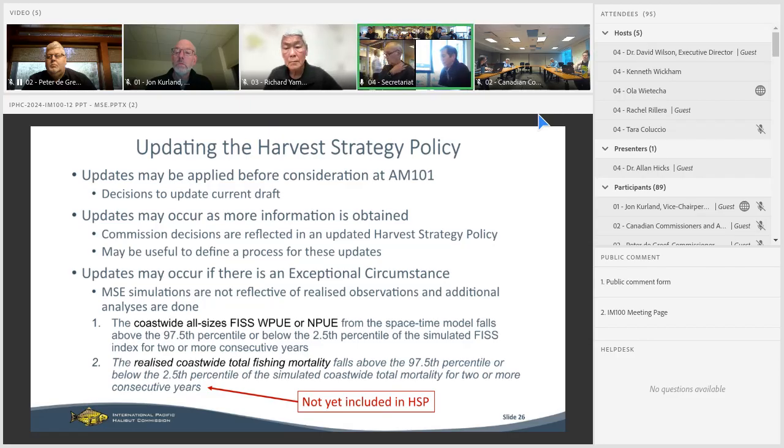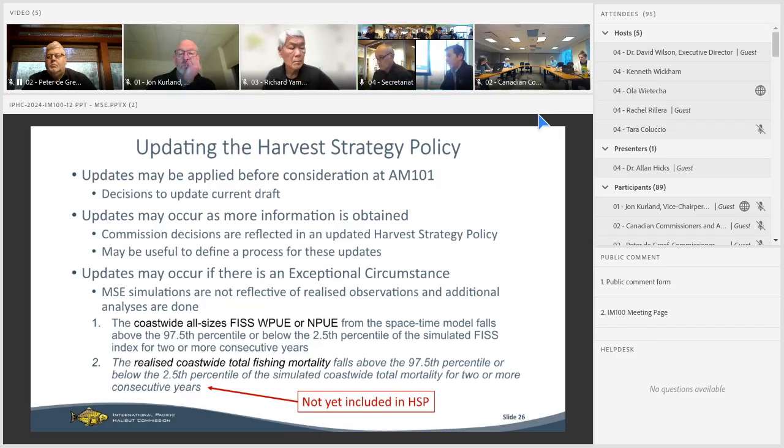For example, Commission may make decisions at the 102nd annual meeting, and we would update that into the harvest strategy policy. But it might be useful to define a process for which these updates occur, so that it's not just an ad hoc thing, and that people have an understanding that the harvest strategy policy is a guiding document. But it could be as simple as decisions made at the annual meeting.